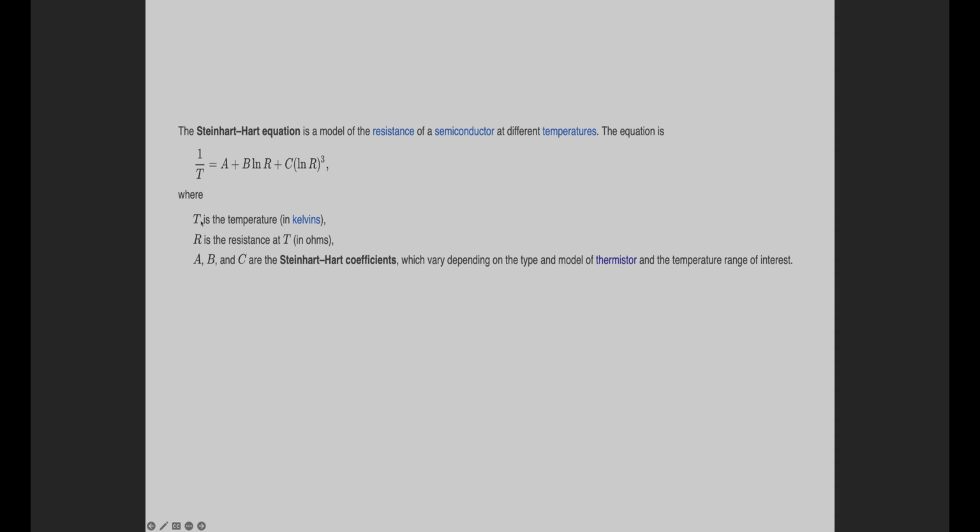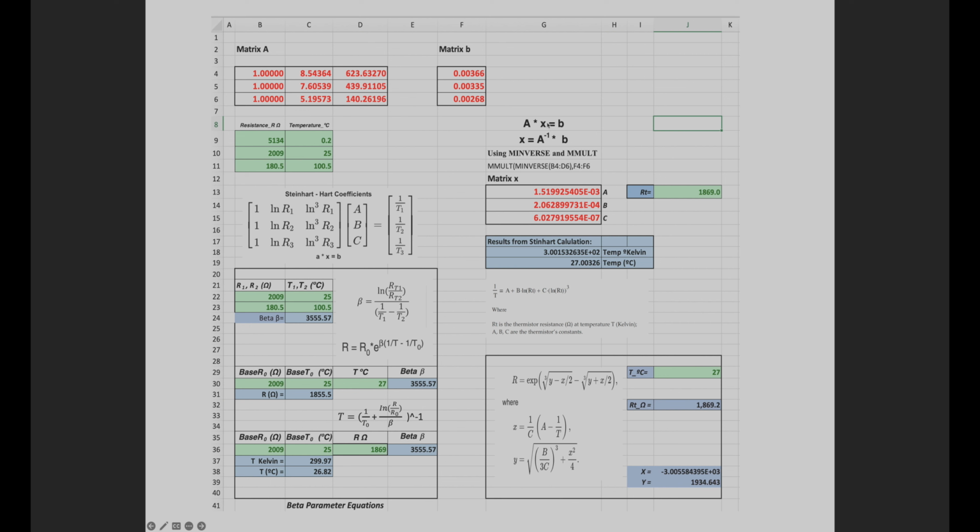Here we're taking the inverse of this matrix and multiplying it times this matrix to get our A, B, and C coefficients, a simultaneous equation.